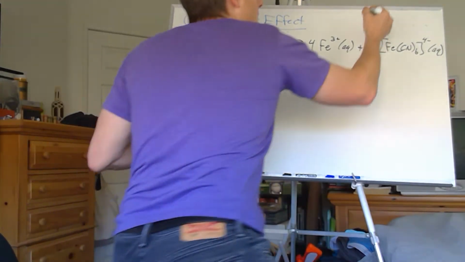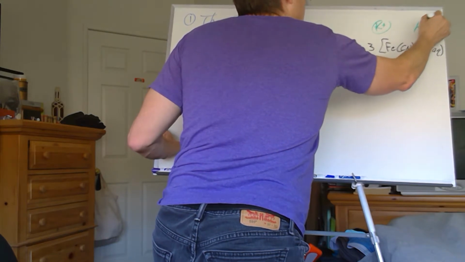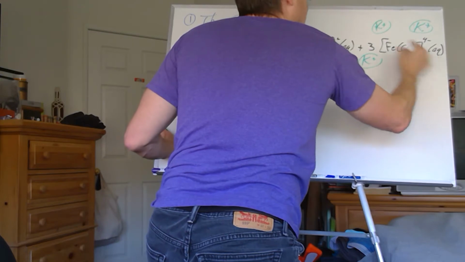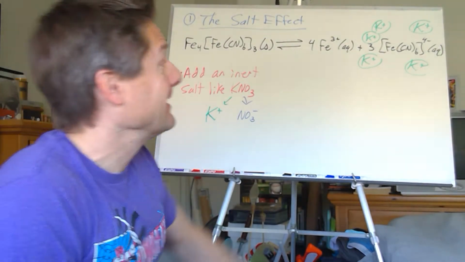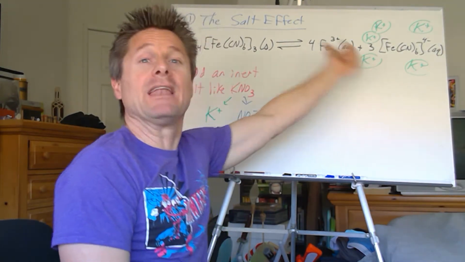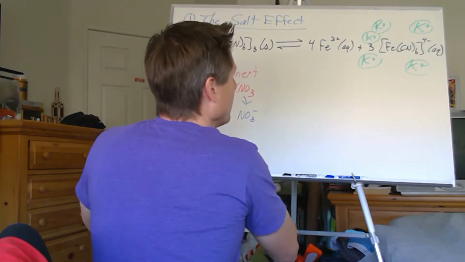So the potassium ions are going to lurk around. They're not reacting with it, but they're going to form kind of a shell around that ferrocyanide ion, making it harder for it to combine and reform the solid, right? So it's effectively masking it, and it's dropping the concentration.